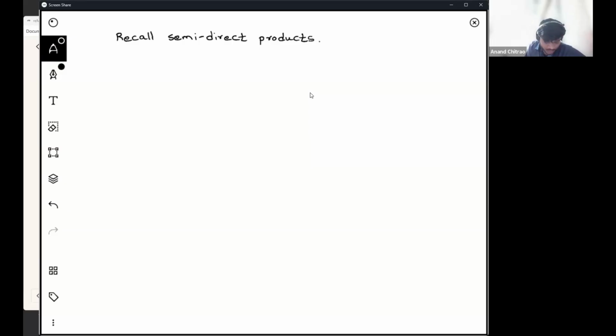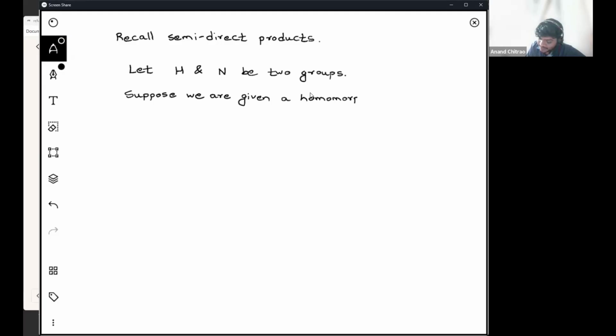So you start with two groups, let H and N be two groups. Suppose we are given a homomorphism theta from H to Aut N. Does everybody remember what Aut N means?